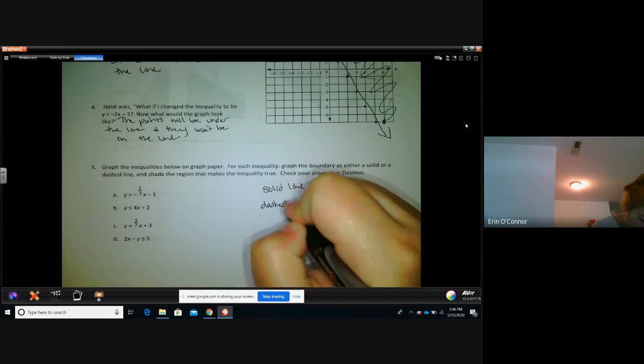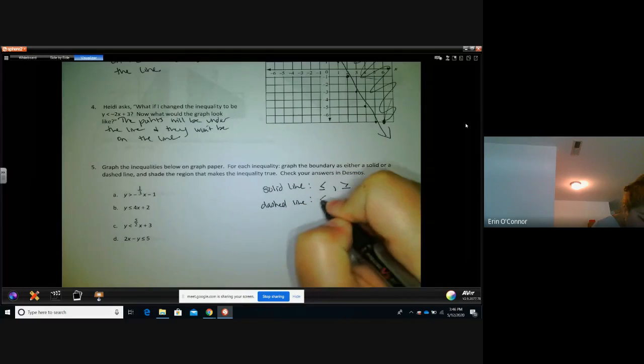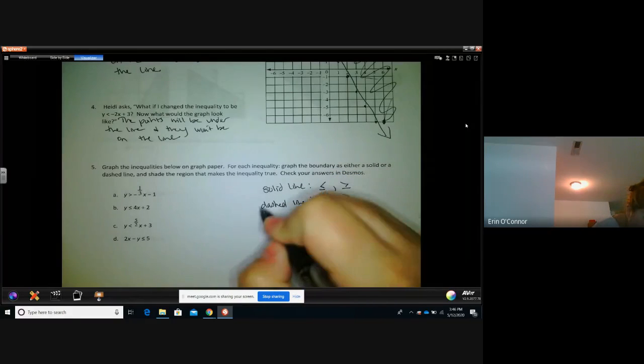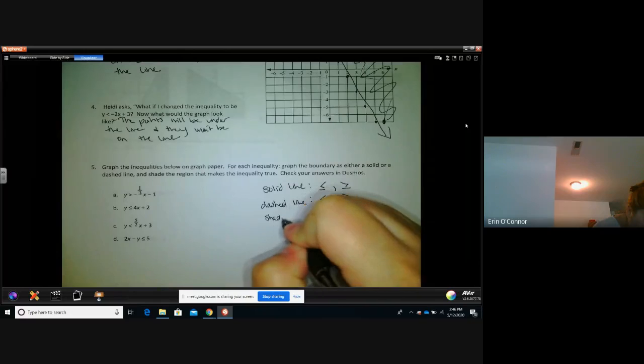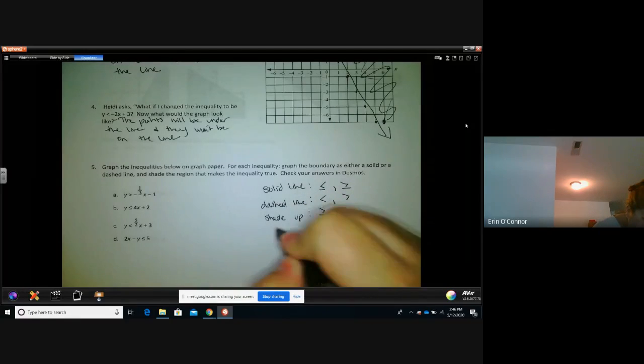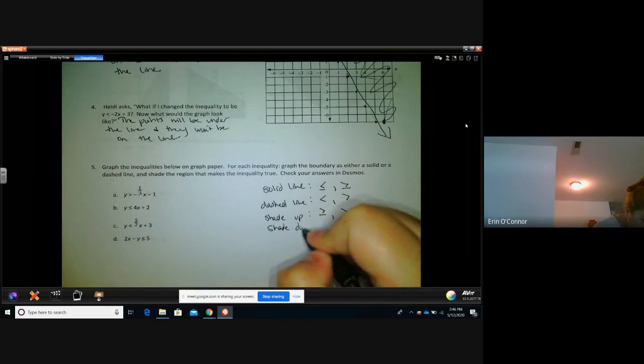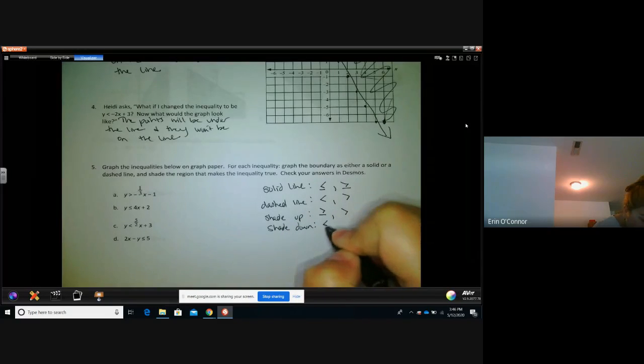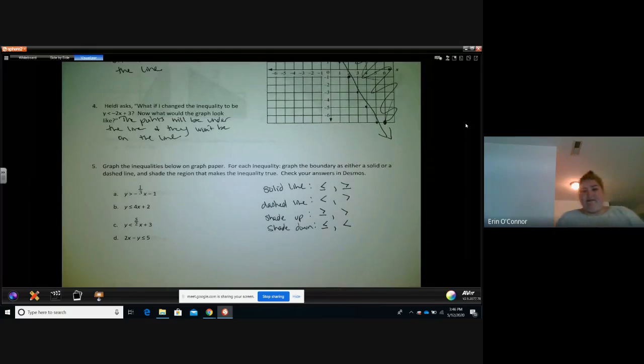Dashed or dotted lines are for less than or greater than. You shade up when you have greater than or equal to or greater than. You shade down when you have less than or equal to or less than. So that's going to help us out a little bit.